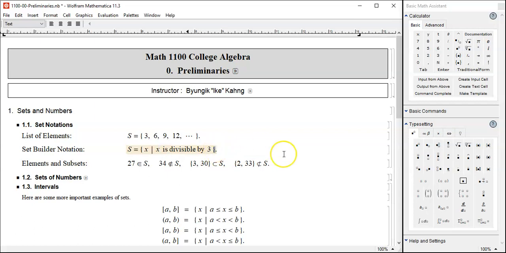I can abbreviate like this: S is the set of x where x is divisible by 3, and that's still okay. It's not really perfect because you see here, there are no negatives. If I simply say divisible by 3, then negative multiples of 3 should also be included. So there's a bit of an ambiguity here.